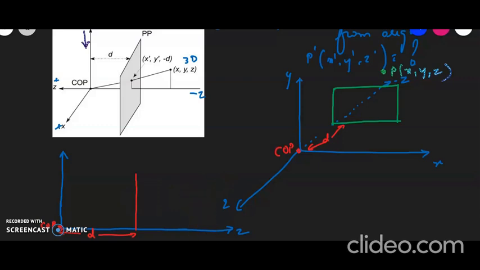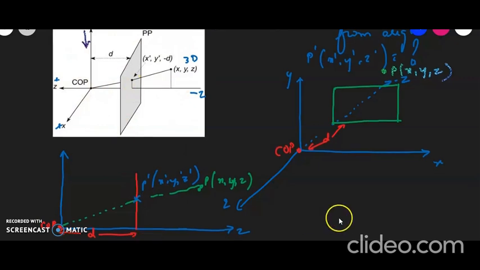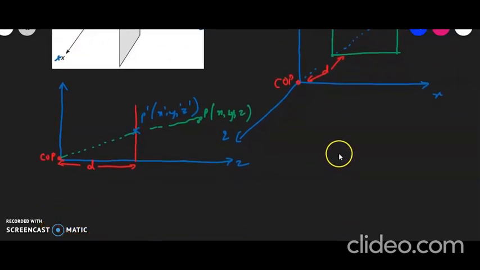Yes, now my original point P is somewhere out here with (x, y, z), right? And I am supposed to project it on my projection plane here. So this is my P dash (x dash, y dash, z dash). Okay. Yes. So this is the top view that I have drawn for the scene that is given to us, right? For the derivation that we are going to do.